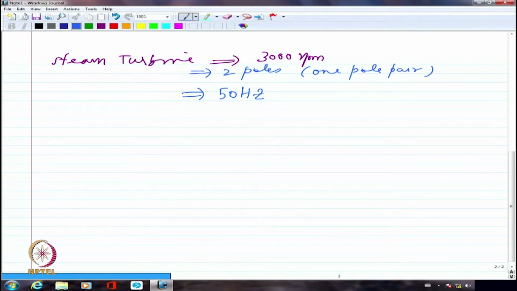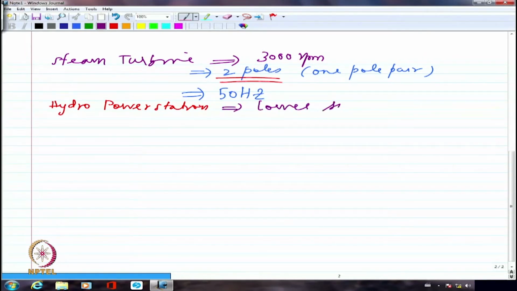So generally, this will be a two-pole system always when I talk about an NTPC power station or NPC power station. Whereas whenever I talk about a hydropower station, I will have lower speed, yet 50 Hertz is still needed, which means I will have maybe 10 poles or 12 poles or whatever.